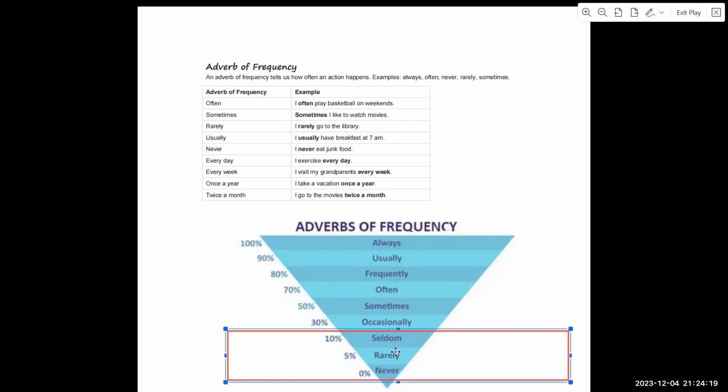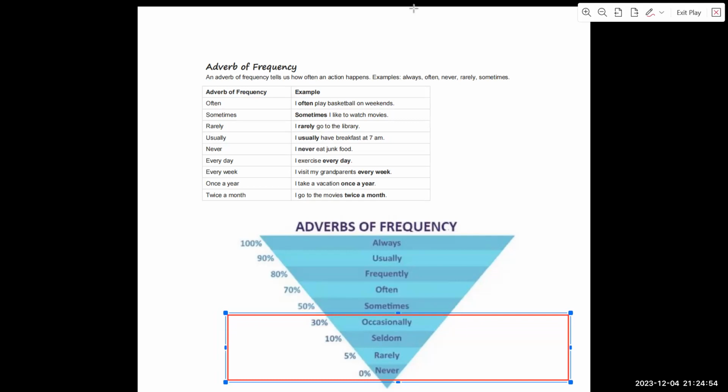So if you think something you're doing is not very rare, then you can use seldom. You can level up the words or the adverb you're using. And if you think, I am doing this more than seldom, then what's the next? Occasionally.